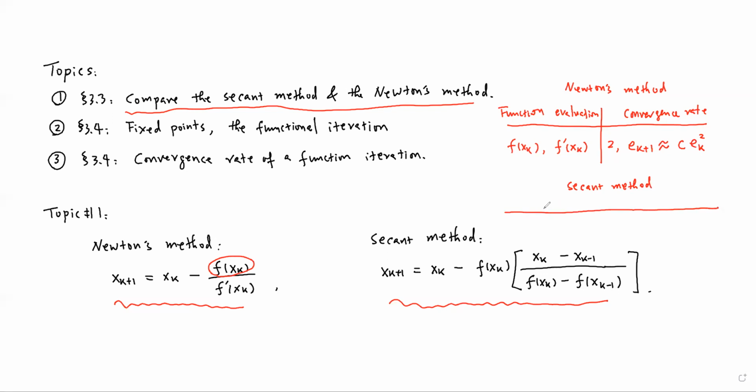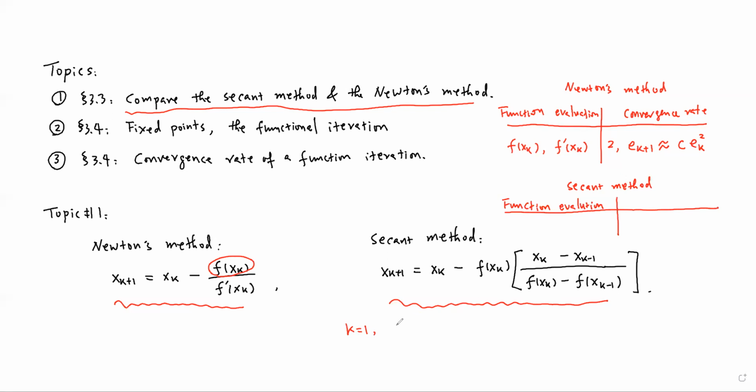Each step, how many function evaluations do we need to perform? When k is 1, plugging 1 in for k, we need to evaluate the function value at x1 and the function value at x0.